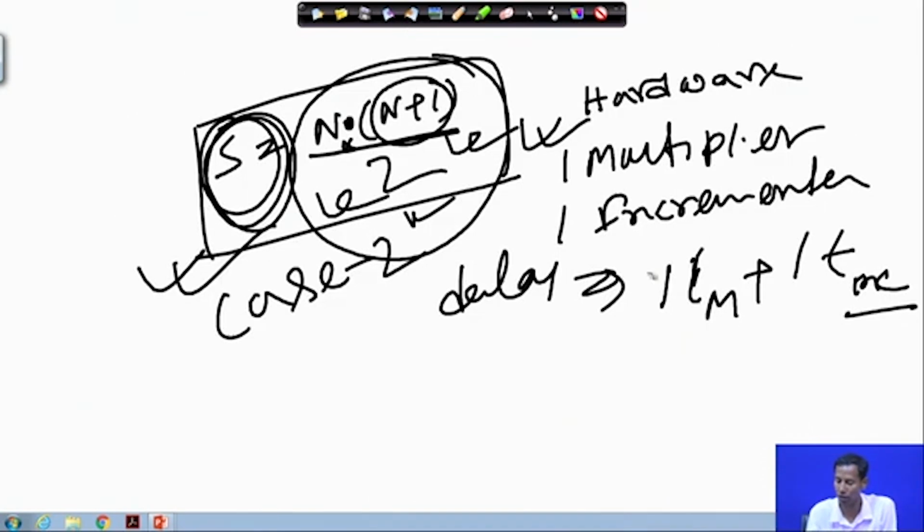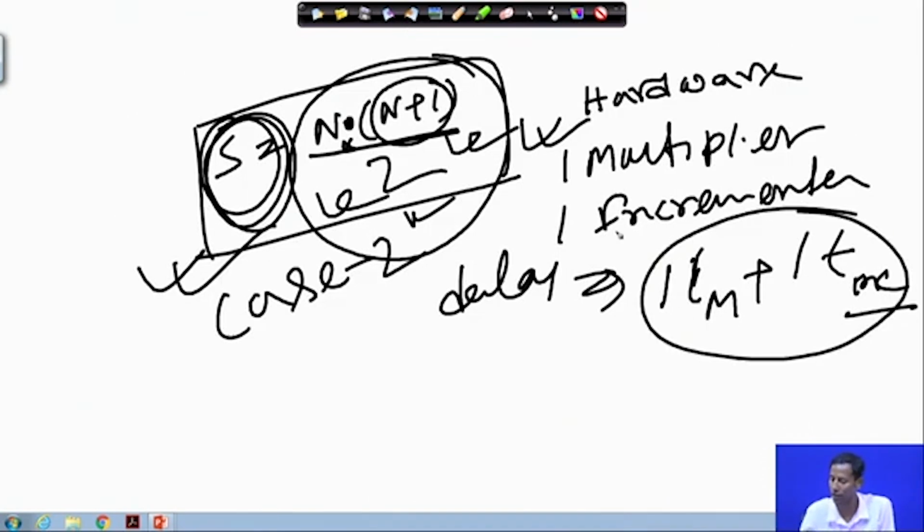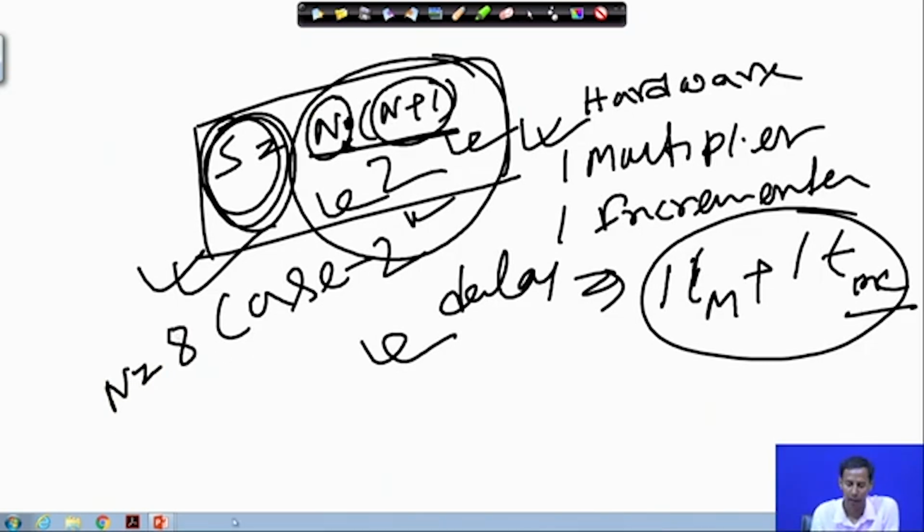Though the delay for this circuit is more than the previous case, this style I can also use somewhere. Where can I use it? When the n value is very large. In the previous case I set n to 8. Let us say the n value is 512.